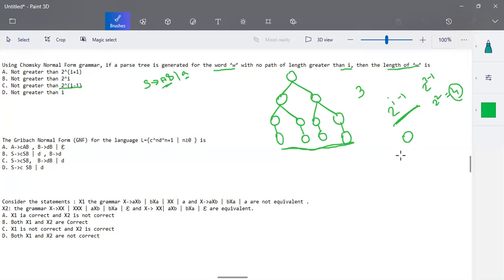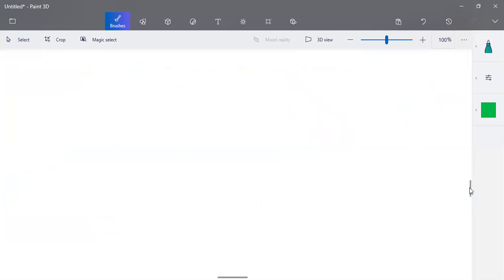We'll take one more length. I have taken length 3 here. When I take length 4, this is the parse tree structure. You may have all the expansions, but the leaf nodes are single terminal symbols.